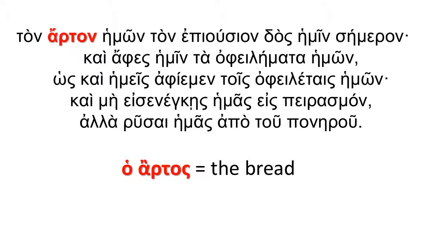And if you remember, that accusative form has nothing to do with accusing anyone, it simply means that they are used as the object in the sentence, the direct object in the sentence. So, τὸν ἄρτον, the thing that kind of gives it away is the article. Ton. Ton is always the accusative form, indicating that this is a direct object.